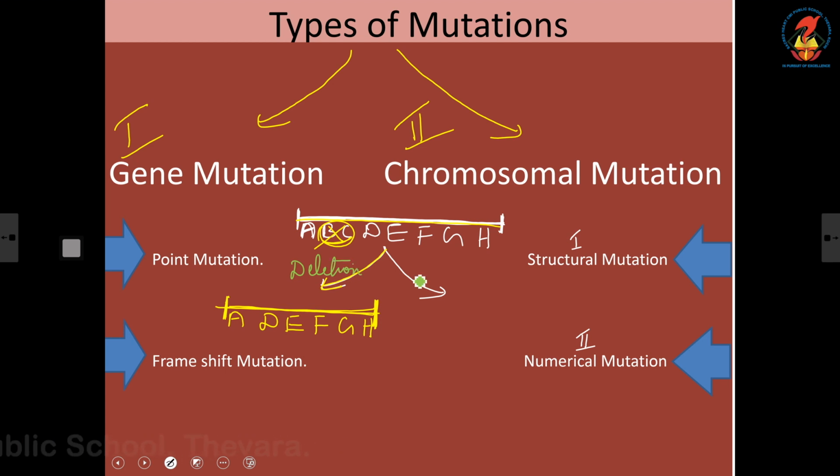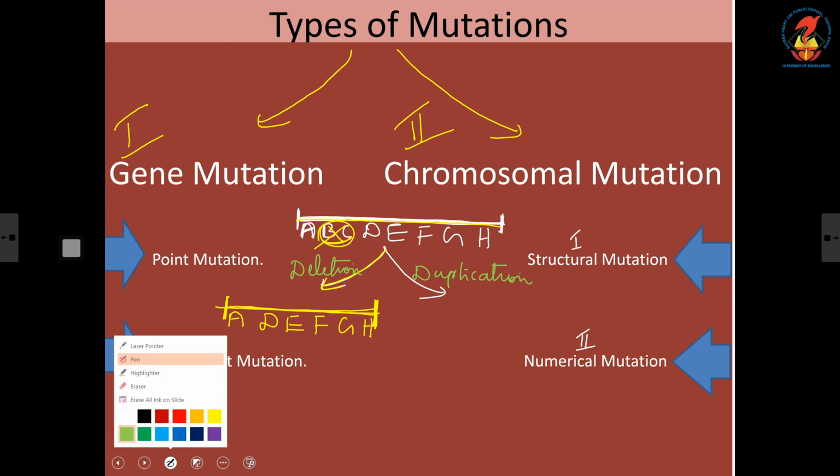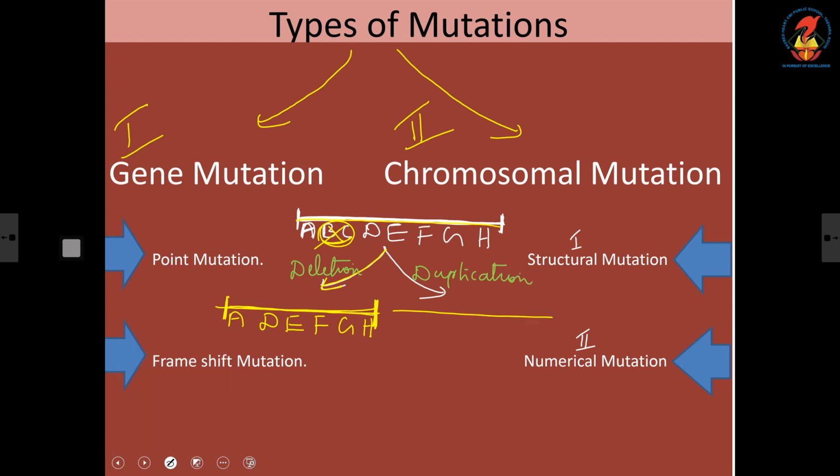Now, opposite of this condition is duplication, that is gain of a segment. So, again let it be BC. Here the mutation is occurring at BC. Now, here BC is becoming duplicated, BC, BC, then D, E, F, G, H. Now, you see what has happened to the length of the chromosome, from the normal again deviated, it became more lengthy.